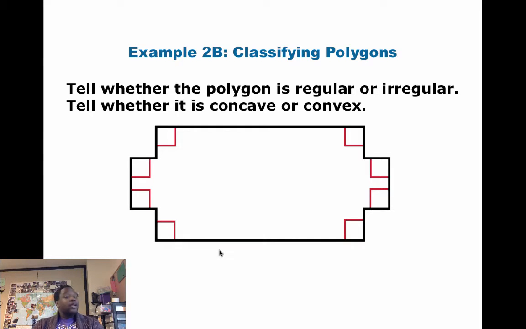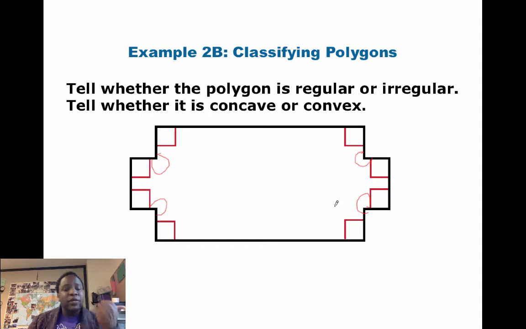Tell whether this is regular or irregular, and is it concave or convex? Well, while all of these are 90-degree angles, we also have some other angles as well. So we have like this one right here, which is like 270 degrees, and this one right there, and then this angle right there, and that angle right there.